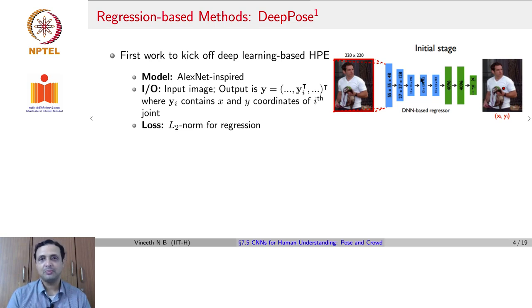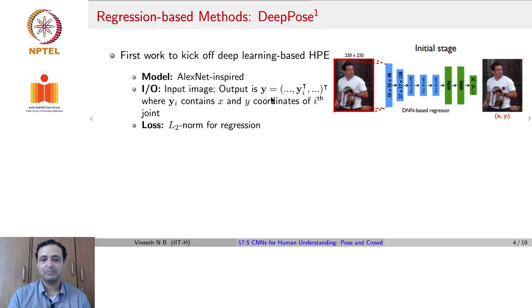The only change from the original AlexNet architecture is in the output space. Now you are not predicting a class label for the entire image, but you're going to predict a set of joint positions, 2D joint positions, xi, yi for each joint on your input image.